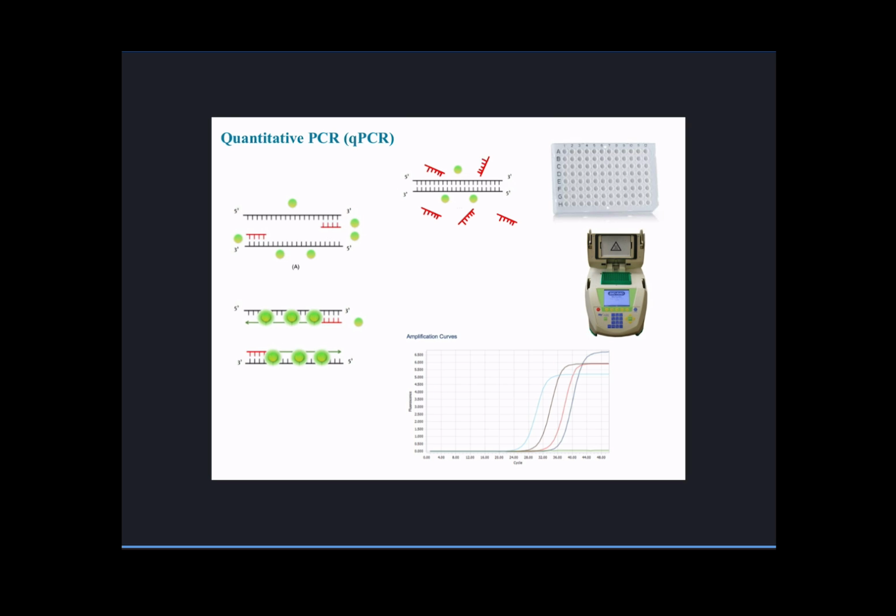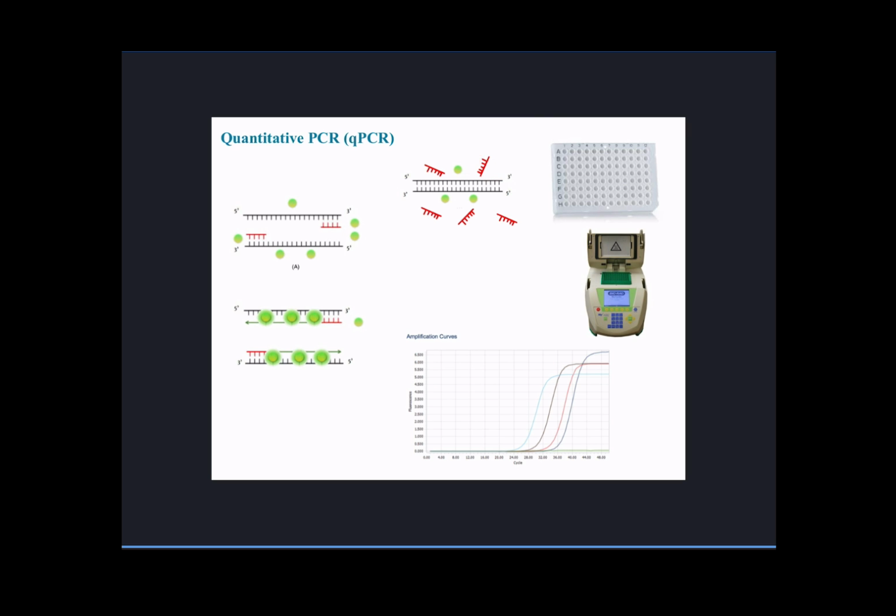we use special reagents that function like this. As usual, you have your template DNA, the one that you're, in a way, querying, the one that you'd like to learn something about.